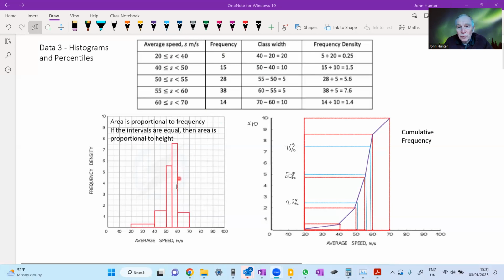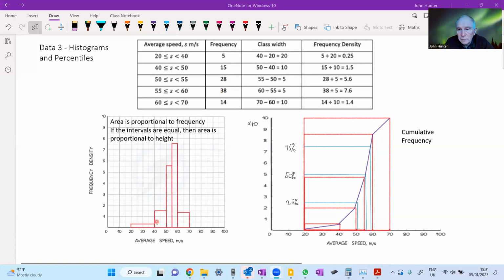So that's 5 out of 100, or 5%. So the total area of this whole shape, 5% of it is this area here. So it's the area that represents the frequency. Usually you have to find your own scale and your own conversion factor. All we're saying is that it's 5% of the total, 0.05 of the total. So that's what we have done here.